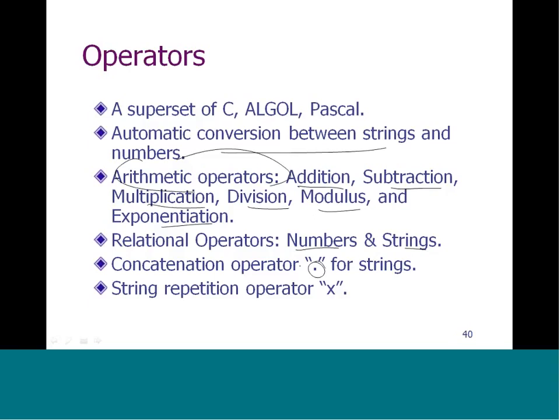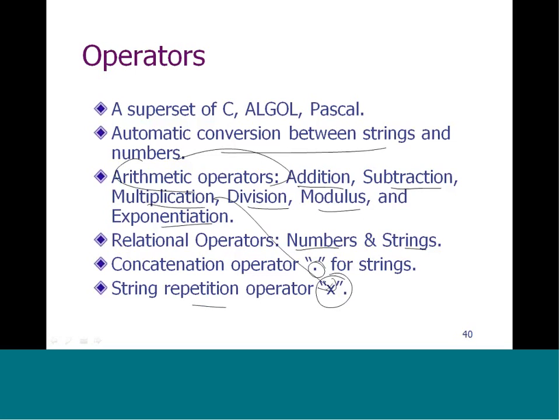If you have many strings that you want to put together, each one a separate string, you can put them together using the dot operator. And for strings, we also have a repetition operator, just the X, which is very similar to the multiplication operator.